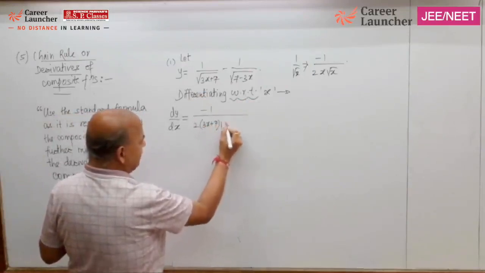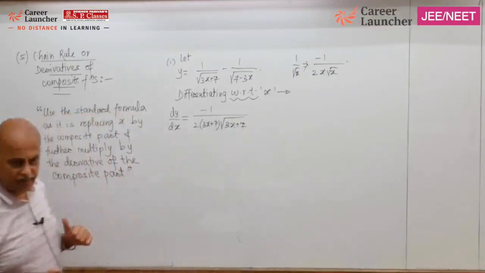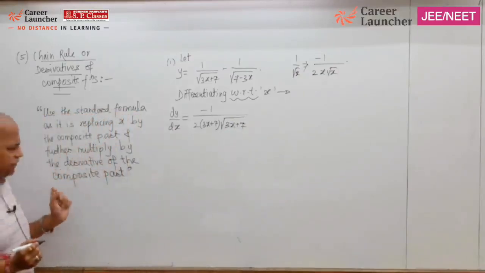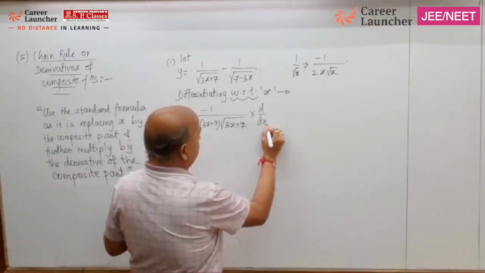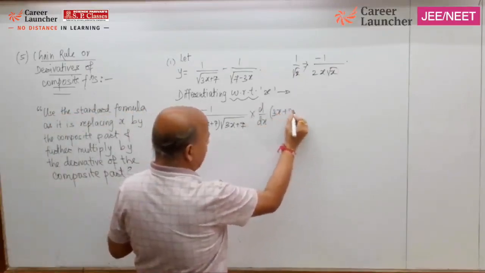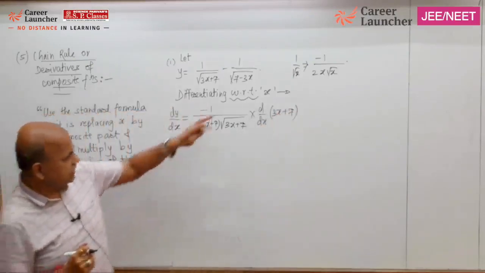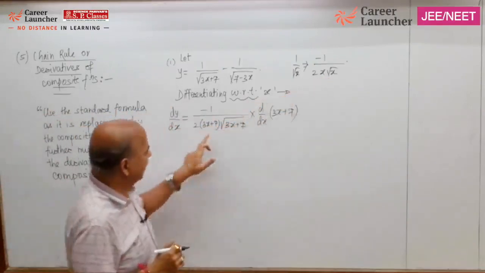So 3x plus 7, root of 3x plus 7. Getting it, everyone? And further, multiplied by d by dx of 3x plus 7. Getting it, everyone? See, I have used the standard formula as it is, replacing x by the composite part.